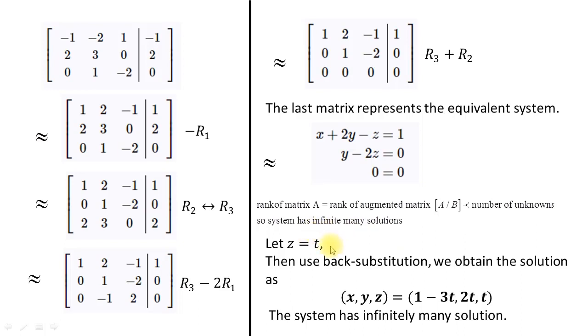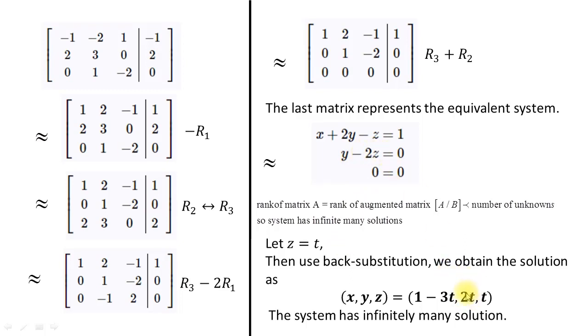I want to tell you again: suppose the value of z is t. We have two variables in this equation, so take one variable free. Suppose z is a free variable. Putting z is equal to t, where t is any real number, we obtain y is equal to 2t.